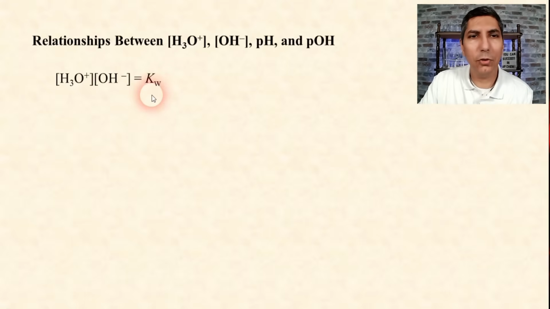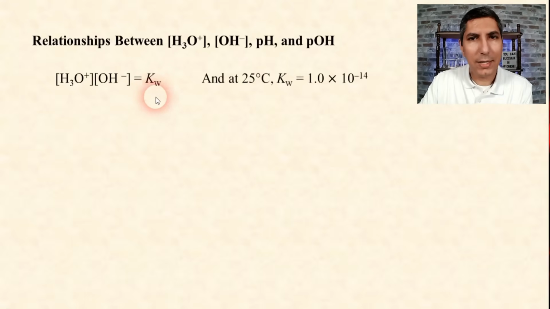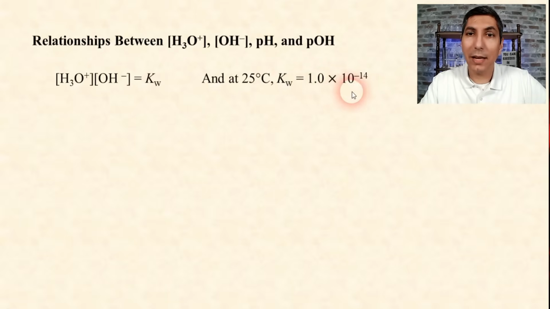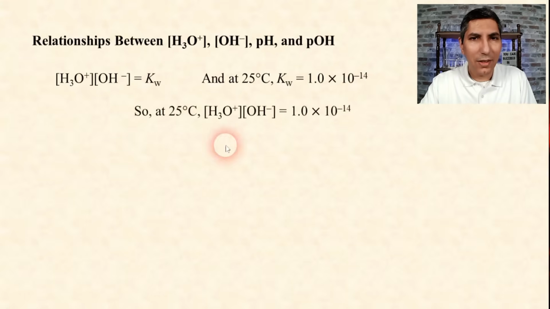Okay? Now, at 25 degrees Celsius, it's kind of nice that Kw works out to this nice round number. It's 1.0 times 10 to the negative 14th. So that means that as long as you're at 25 degrees Celsius, the hydronium ion concentration times the hydroxide ion concentration equals 1.0 times 10 to the negative 14th. So if you know one of these, you can calculate the other.